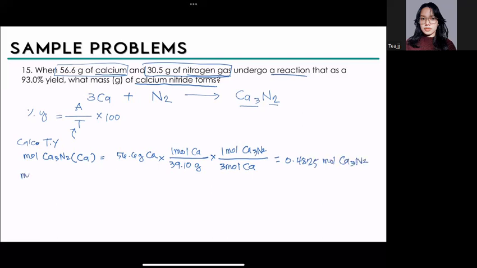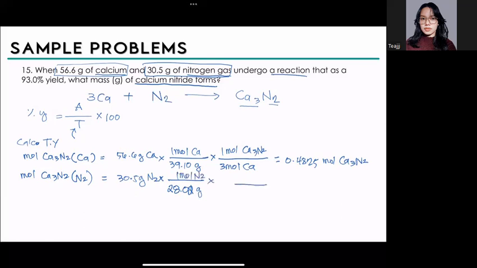And then we'll calculate the moles of calcium nitride produced from nitrogen gas. So that's 30.5 grams of N2 times, that's 14.01 times 2 kasi N2 nga. So 28.02 grams per 1 mole of N2.